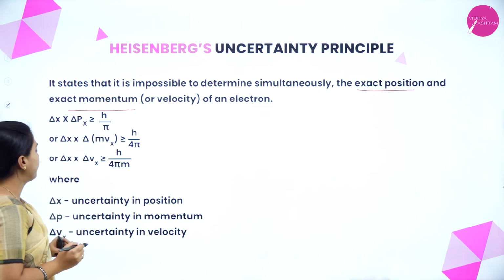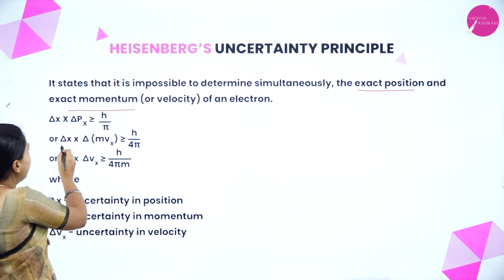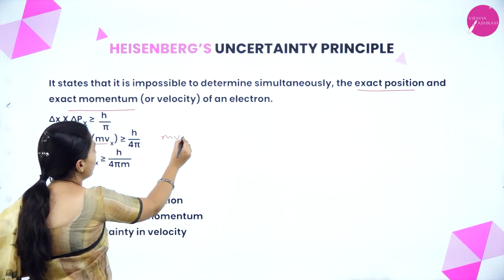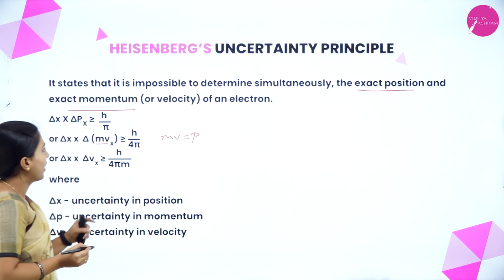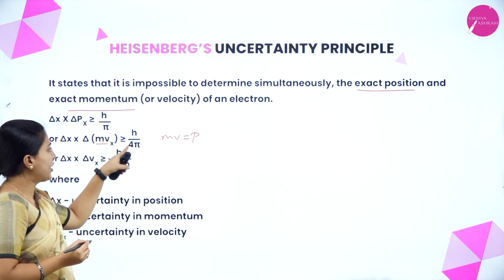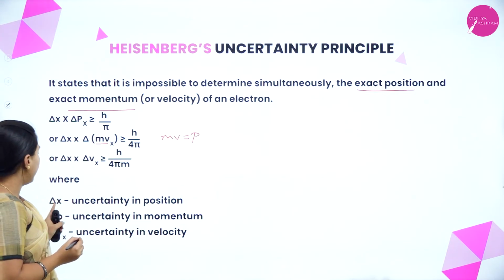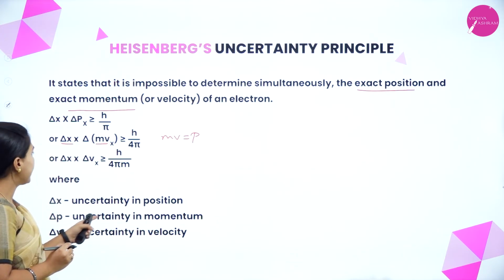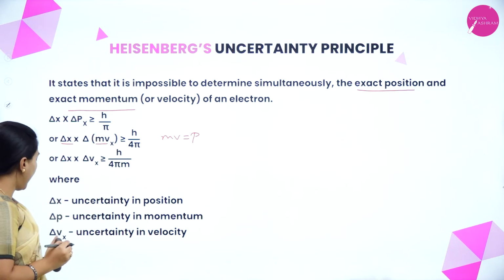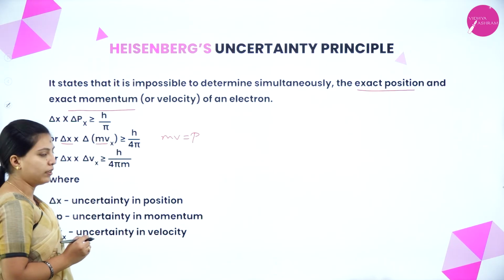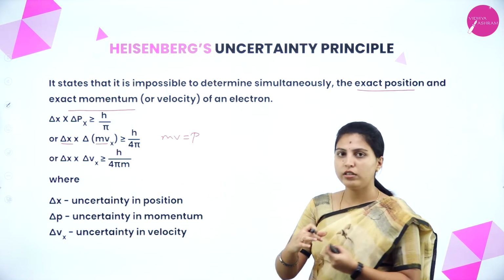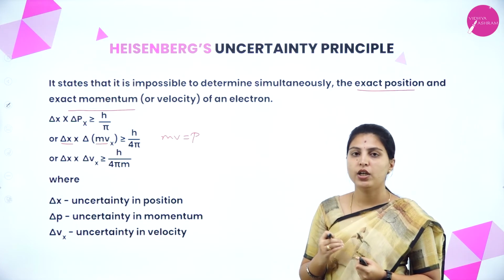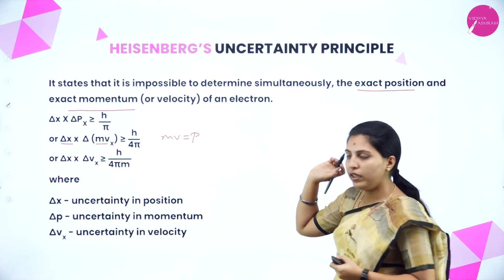We can write it as delta x into mv, mass into velocity equals p, is equal to h by 4 pi, where delta x is uncertainty in position, delta p is uncertainty in momentum, and delta v is velocity. He told again that he could not explain the exact position and exact velocity simultaneously of an electron.